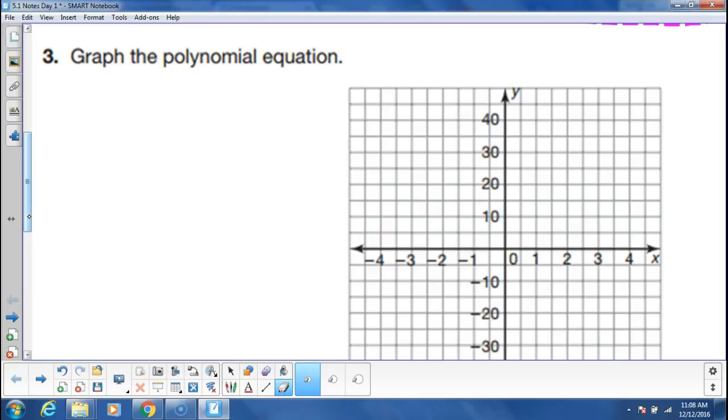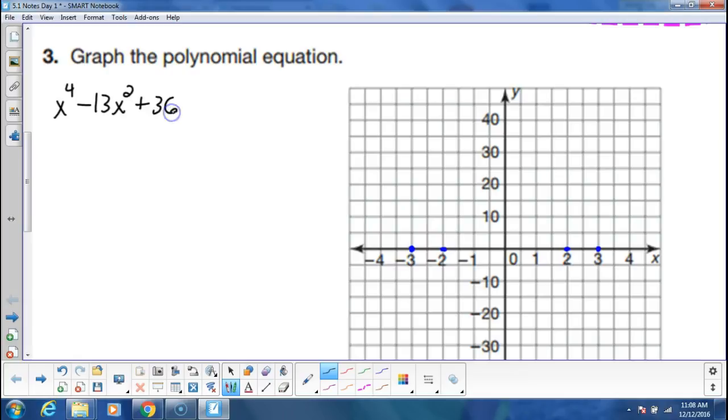Okay, so if I go about plotting, that would mean I'd have an x-intercept at negative 3, at negative 2, at positive 2, and at positive 3. Now remember, my equation was x to the 4th minus 13x squared plus 36 equals 0.